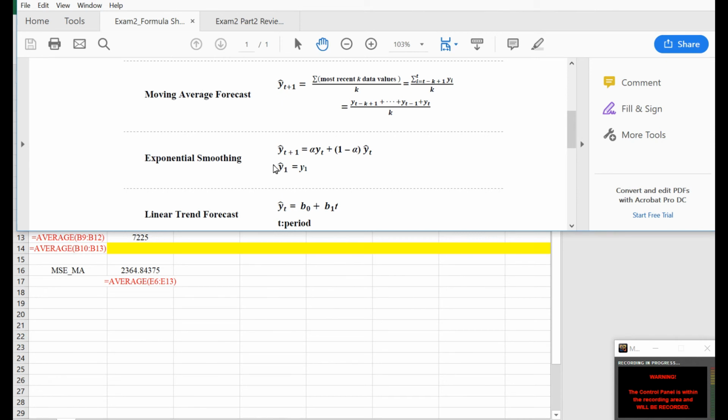For period 1, the forecast is the actual observation in period 1. Then the forecast at period t+1 is a weighted average of the actual observation in the previous period, which is t, and the forecast in the previous period, which is y hat t. So alpha, the smoothing factor, is the weight on the actual observation in the previous period, and 1 minus alpha is the weight on the previous forecast.